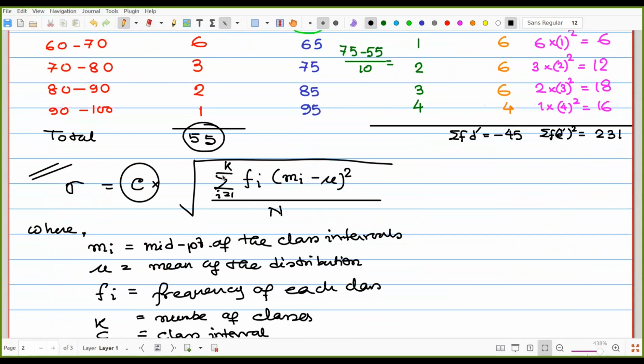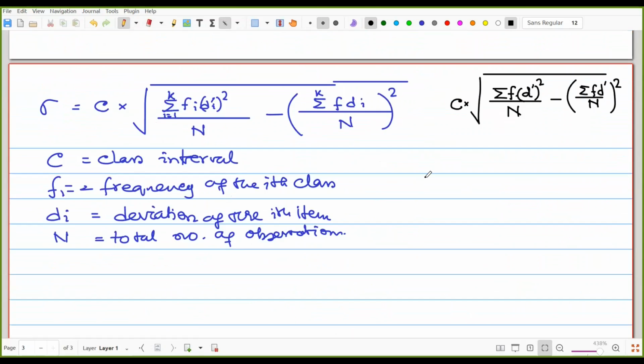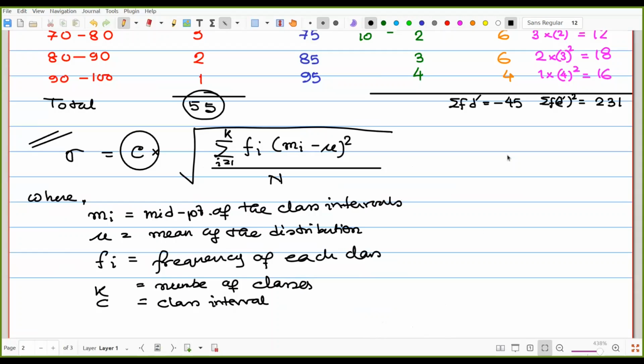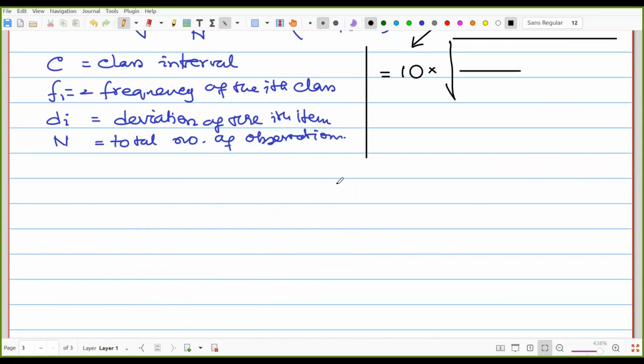So we are writing here the value of C as 10, then into the square root of the summation of f d' whole square, and that we have found is 231. So that must be 231.